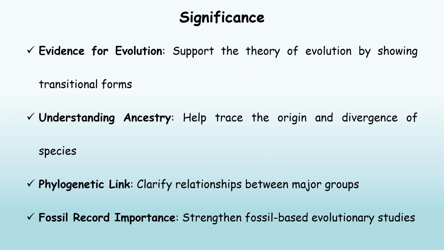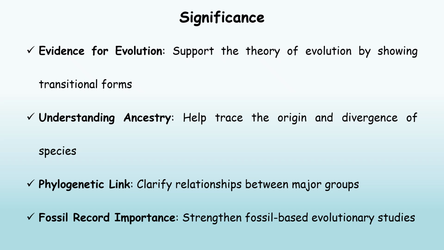So, what is the significance of this type of connecting link species? They are basically evidence for evolution, which supports the theory of evolution by showing the transitional forms. By studying such connecting link species, we can understand the ancestry, and even trace the origin and divergence of species, how they evolved from one phylum to another phylum.